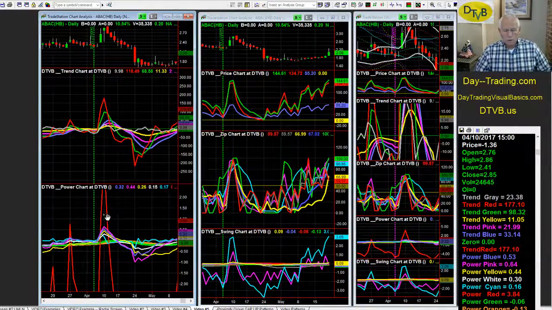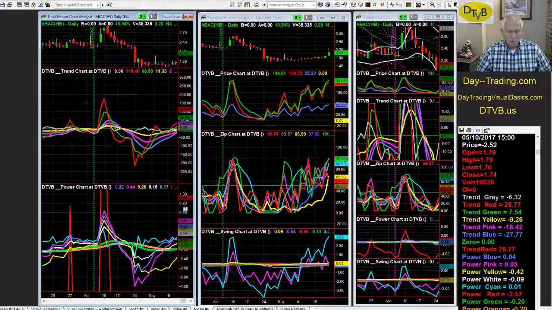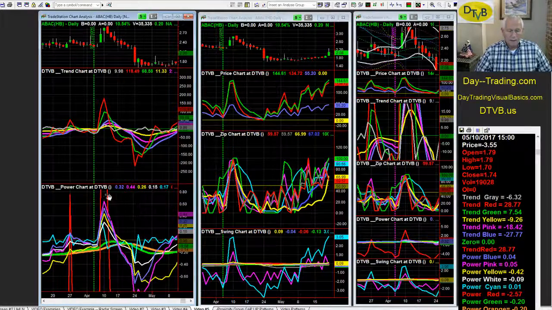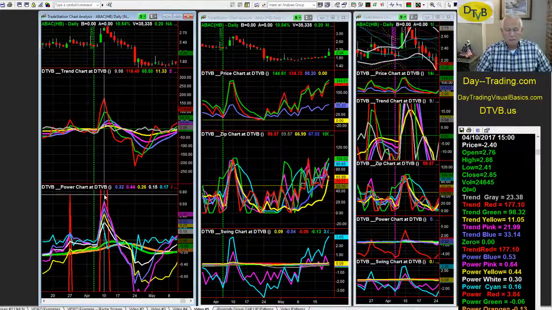And so we've identified this, but the key thing in the power chart, if you look closely here, is that while the power 4 are going up, what's happening? The power Zion is down. It's divergent. And that's oftentimes, again, when we see gaps up where the power Zion is under the power 4.